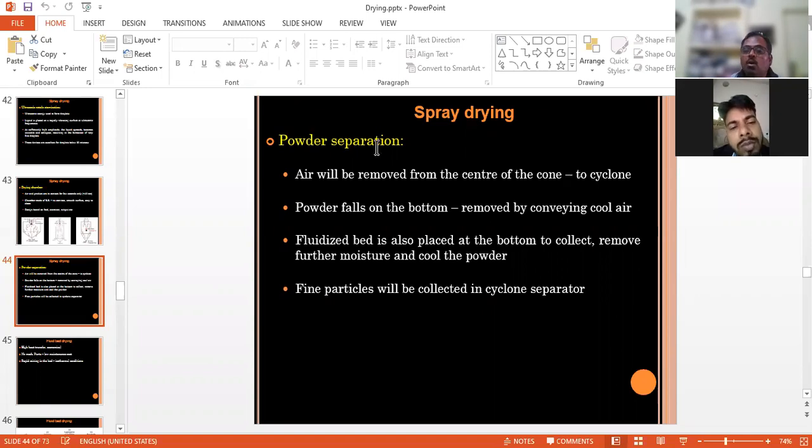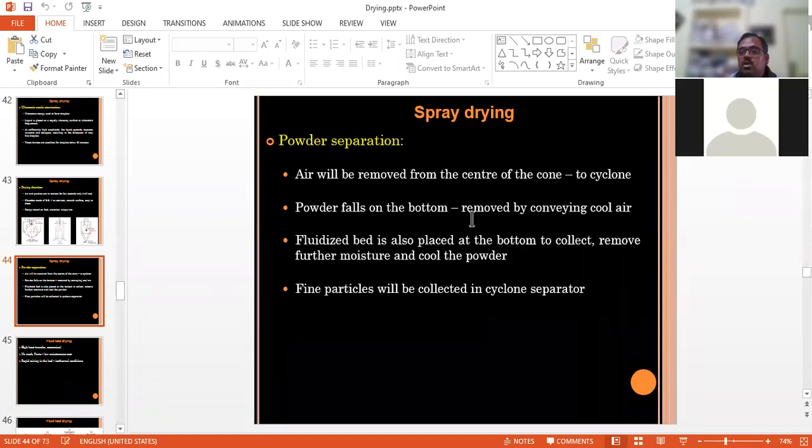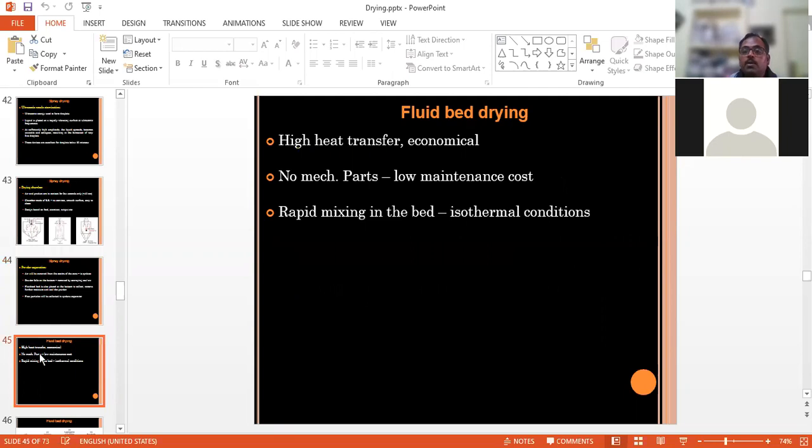Powder formed at the bottom is removed by conveying cool air. A fluidized bed is also placed at the bottom to remove further moisture and cool the powder. Fine particles will be collected in the cyclone separator.